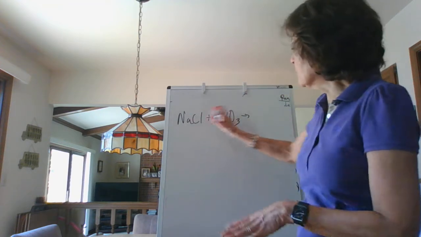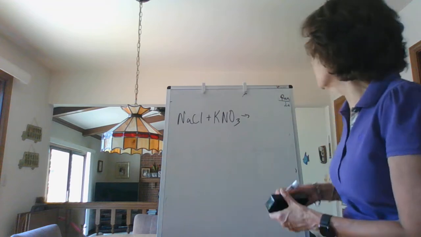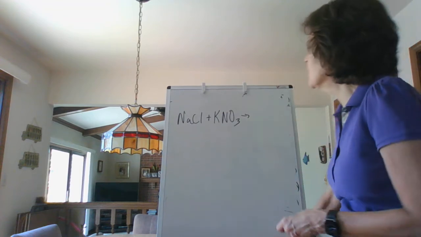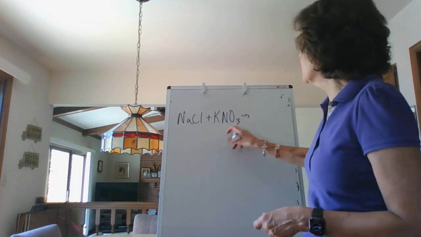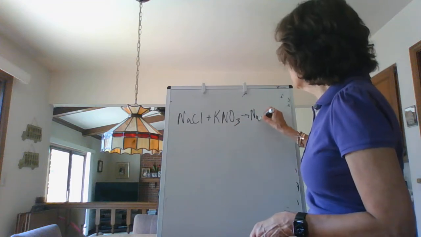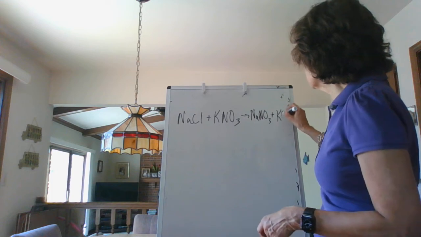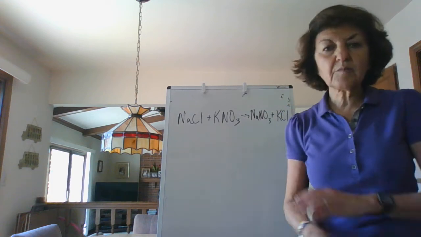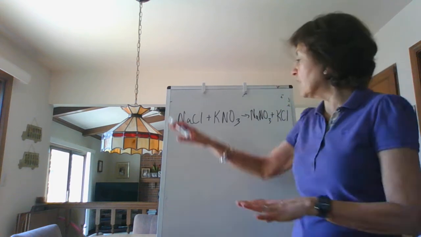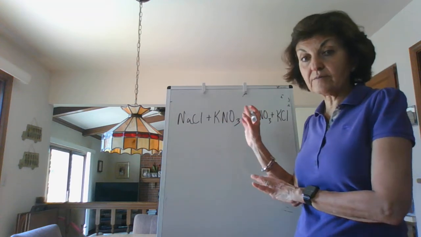So you do your products over on this side, metathesis reaction, double replacement. Your sodium hooks up with the nitrate, so NaNO3 plus KCl. I made it nice and easy, perfectly balanced, no big deal. So that's your molecular equation.